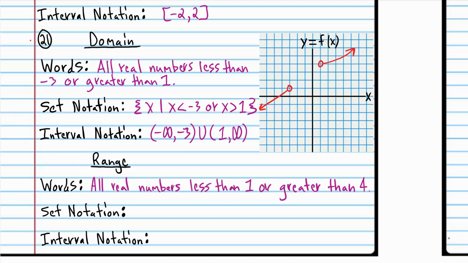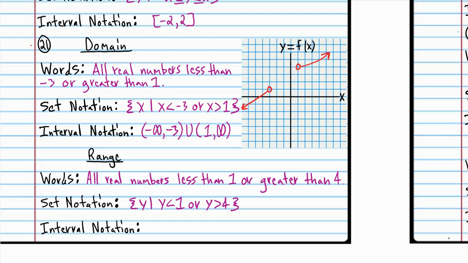It's the set of all y values such that y is less than 1 or y is greater than 4. Again, it's so important that you use the word or and not and. And means that y values can be less than 1 and greater than 4 at the same time. That's impossible. They can be either less than 1 or greater than 4, but there is no such thing as a y value that is both of those things at the same time.